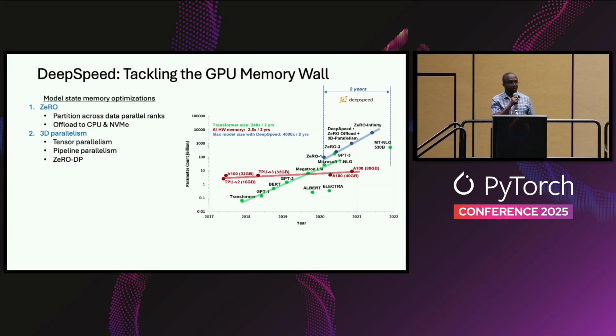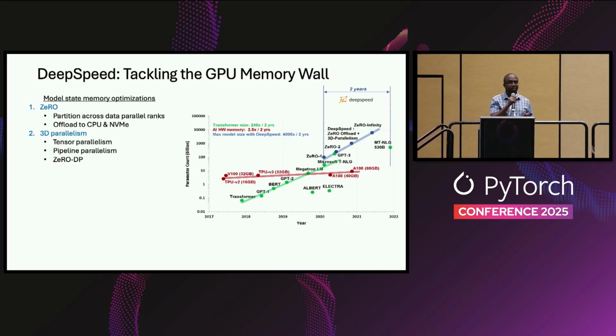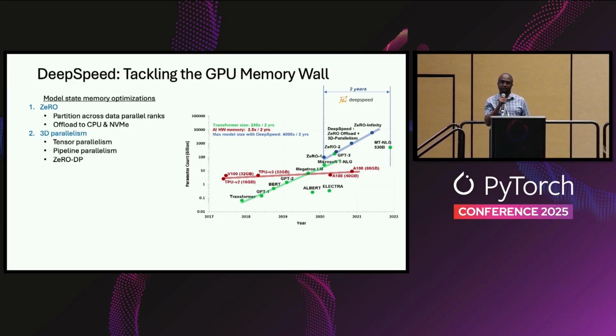So for example, as far back as 2021, we had provided system support for trillion parameter scaling. We already had that available, even though models of that scale did not exist back then. And the other impact was that this technique is so effective, it's really been adopted by other scaling frameworks that are out there.